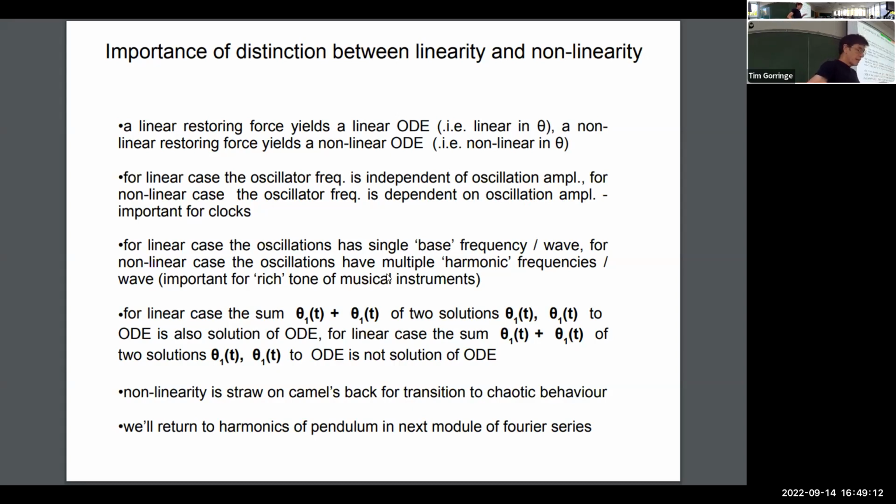In the nonlinear case, that's not true. The motion is periodic, but it is a superposition of various sine or cosine waves, various harmonics of a base sine wave. And so that's a second big difference, characteristic of the nonlinear solutions.